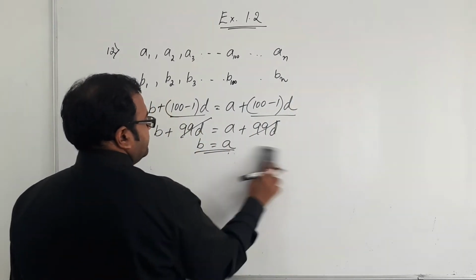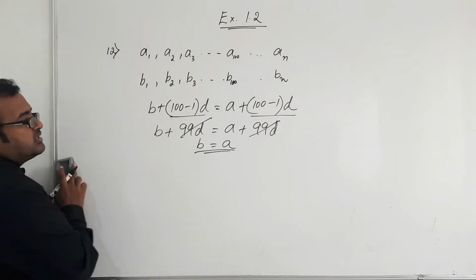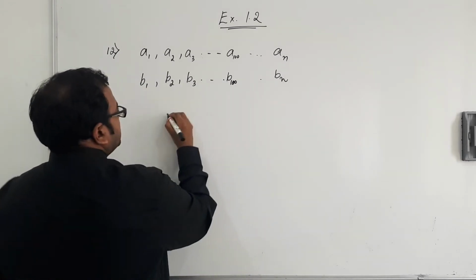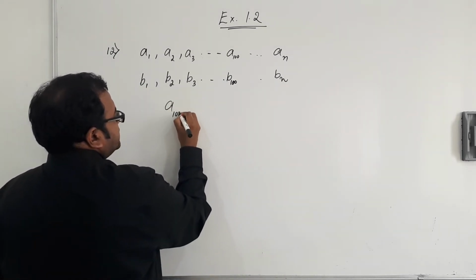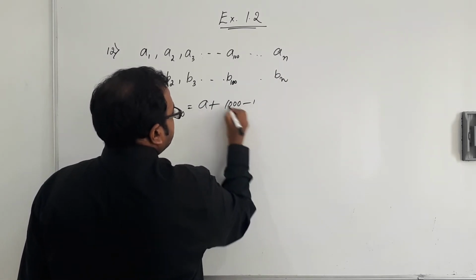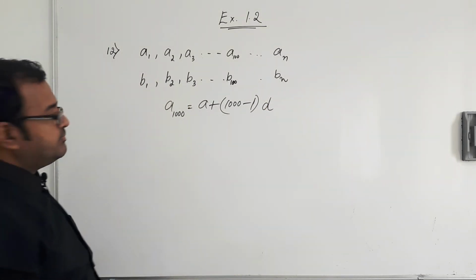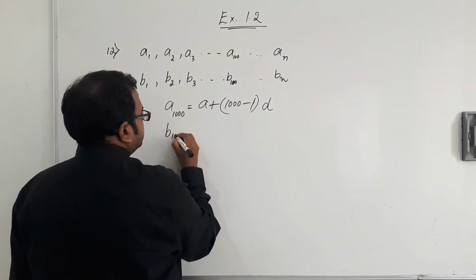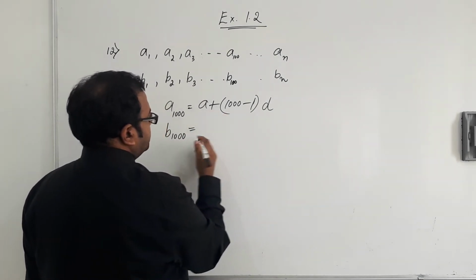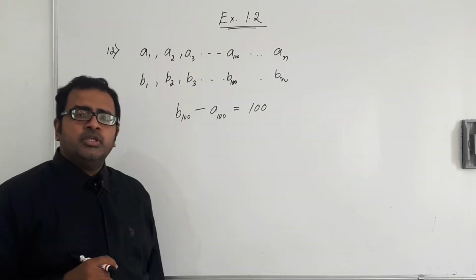Okay, that's good. Now it's time to find out the difference between the thousandth terms. So the thousandth term A1000 will be equal to A plus 1000 minus 1 into d. Correct? B1000 will be equal to B plus 1000 minus 1 into d.